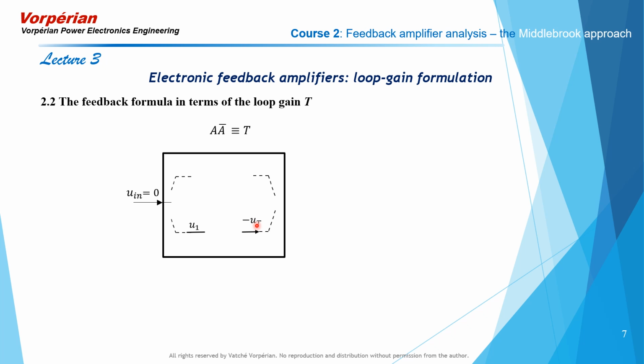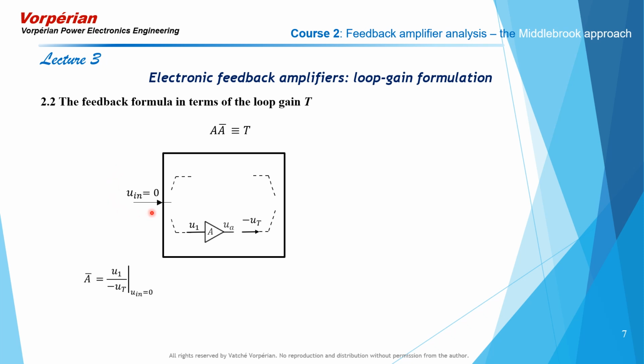Here UT is the independent version of the dependent source, and the negative sign indicates the fact that it is pointing in the opposite direction. Now after you do that, you determine the ratio U1 over minus UT, and that is the gain A-bar. A-bar, as we've said earlier, is the inverse with respect to A with the excitation equal to 0.